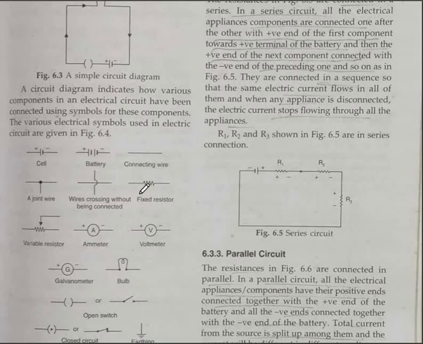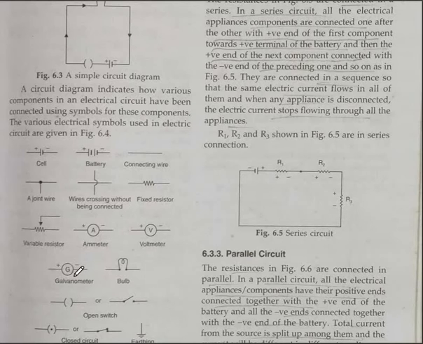Fixed resistor sketch is like this. Variable resistor sketch is like this. Ammeter, that is the symbol by which you can measure the electric current, and it will be connected in series connection in an electrical circuit. This is your voltmeter. To measure the potential difference between any two points, we can use this device.